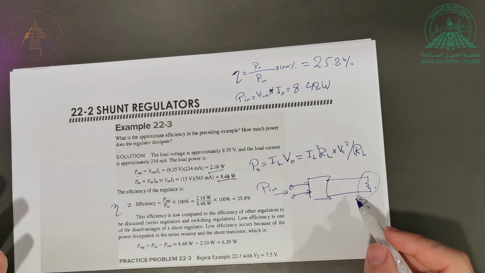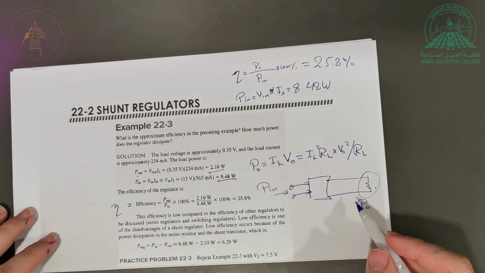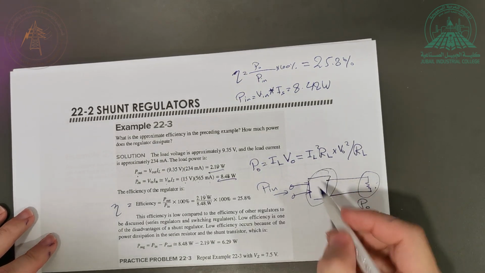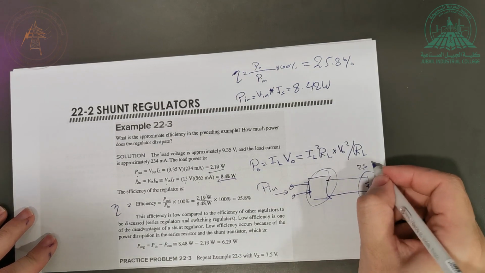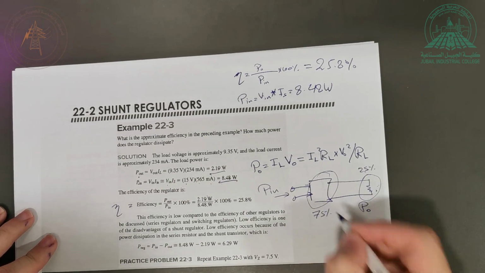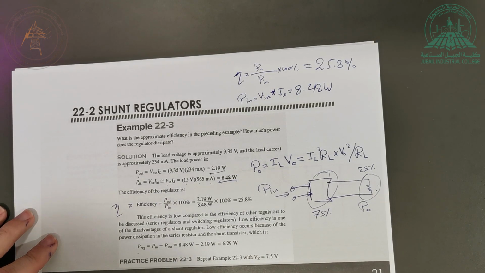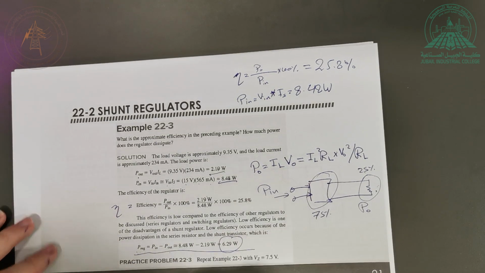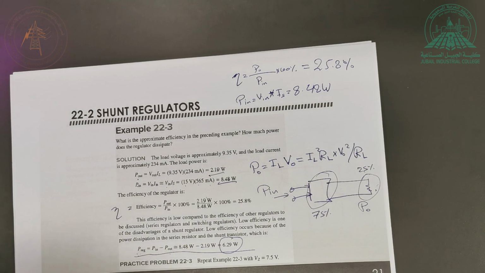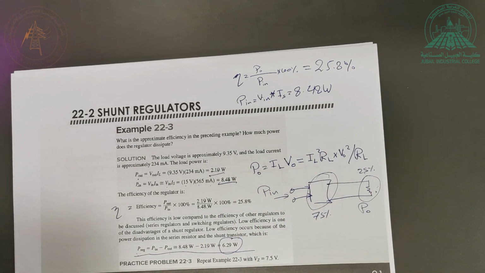But where is the remaining 75%? The remaining 75%, where is it lost? It's lost inside here. So here you have 25%, here you are losing 75%. So P regulator is equal to Pn minus P out, right? So it's equal to 6.29 watt. Huge amount.